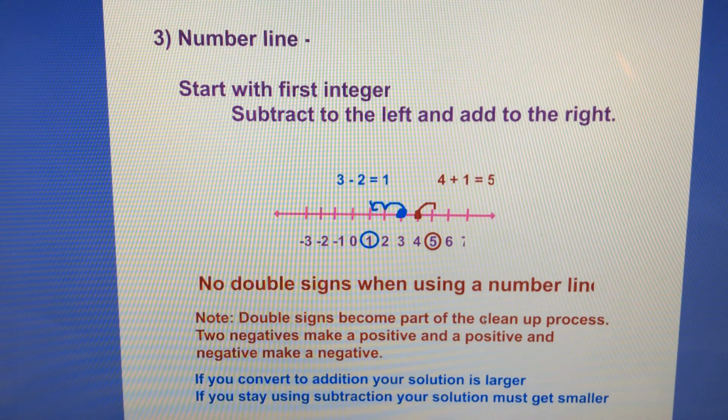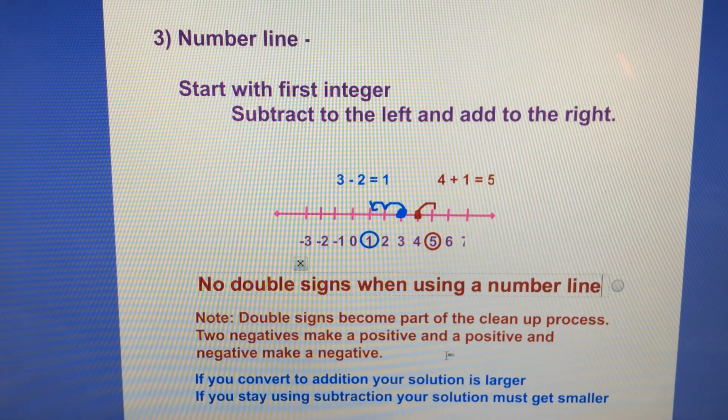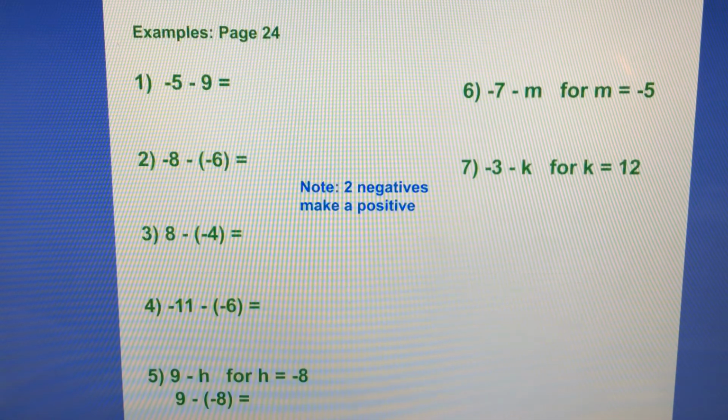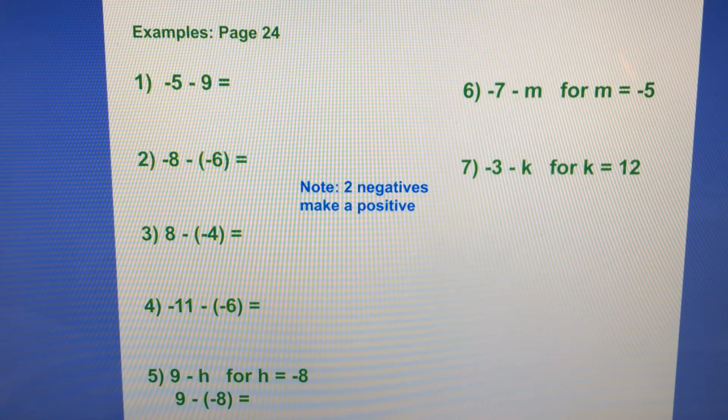You can't have your double signs. It's not going to come out quite right. Double signs become part of the cleanup process, and you have to clean up your equation before you start on a number line. If you convert to addition, your solution is larger, and if you stay using subtraction, your solution obviously gets smaller. Here are some examples.